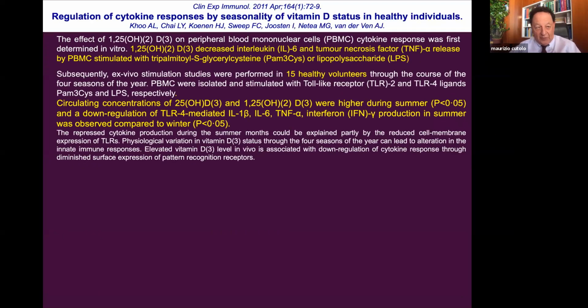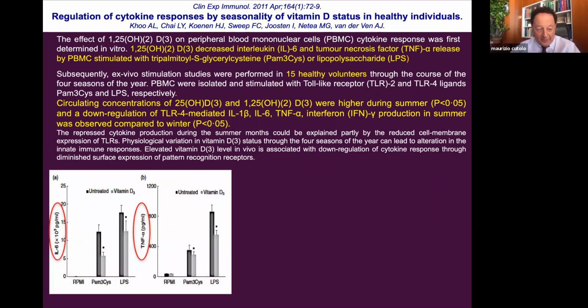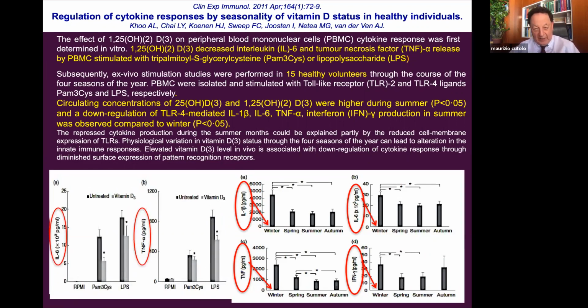So in healthy individual, there is a continuous modulation of the cytokine production that is much higher in winter than in summer. Again, IL-1, TNF-alpha, IL-6, interferon gamma. You see all the cytokines show lowest levels in summer and of spring. So this should be very clear.